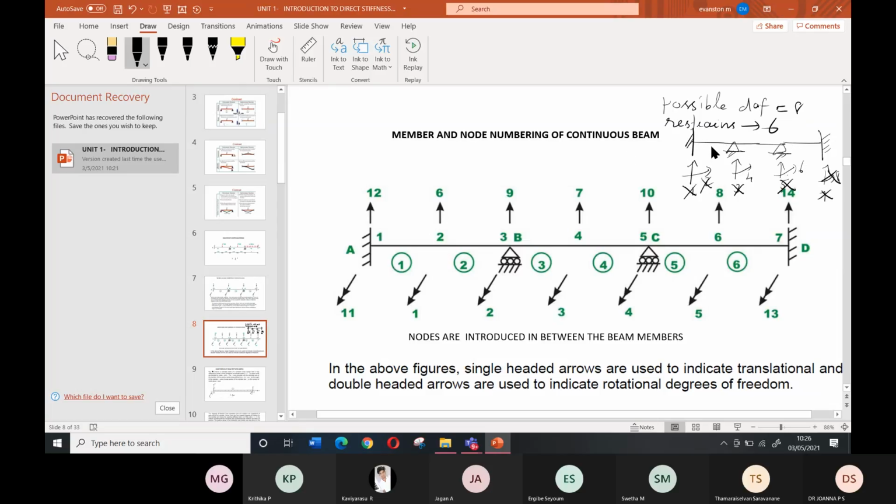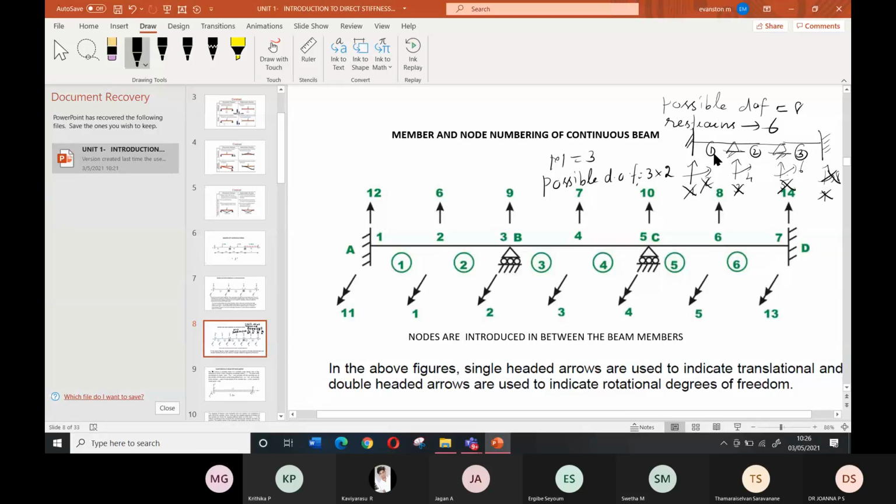Number of members is equal to 3, 1, 2, 3. So the possible degree of freedom is 3 into 2. Each support will have 2 degrees of freedom. So 3 into 2.